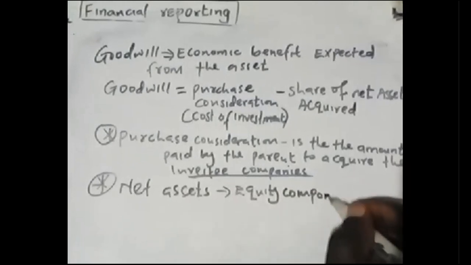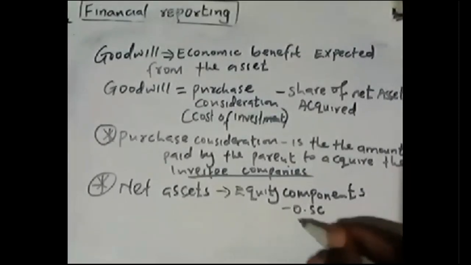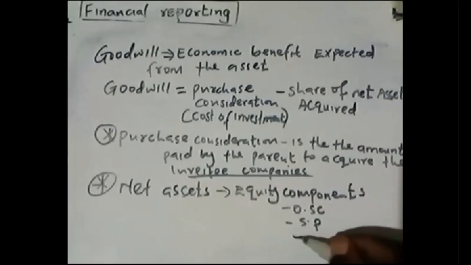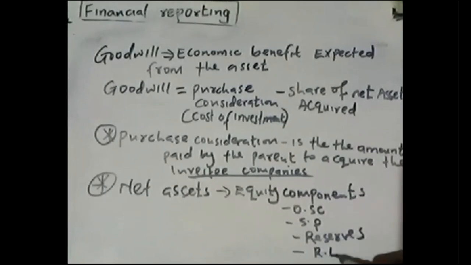These are ordinary share capital, share premium, reserves, and retained earnings. When you are computing goodwill, the reserves and retained earnings must be as per the acquisition date, when the relevant subsidiary or other investee company was acquired.